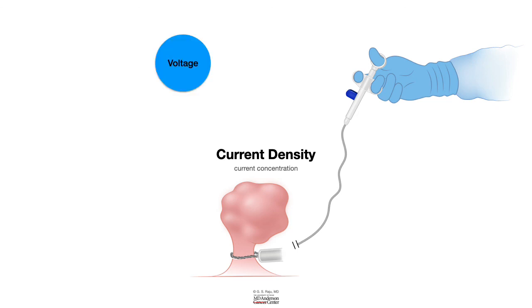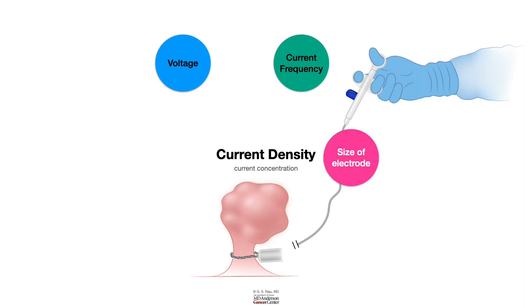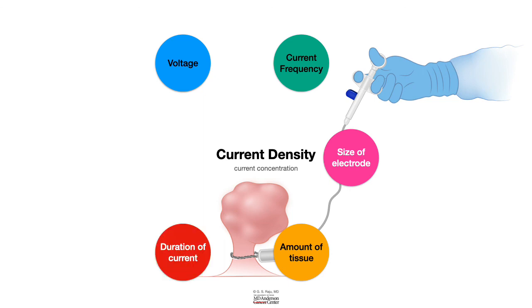One obviously is the voltage and the frequency of the current, and the type of electrode in terms of the size of the snare wire that you're using, and the amount of tissue that is entrapped by the snare, and how long the current is going through, and finally the resistance of the tissue. All these parameters influence how a particular cut, a resection of a polyp, is going to happen.